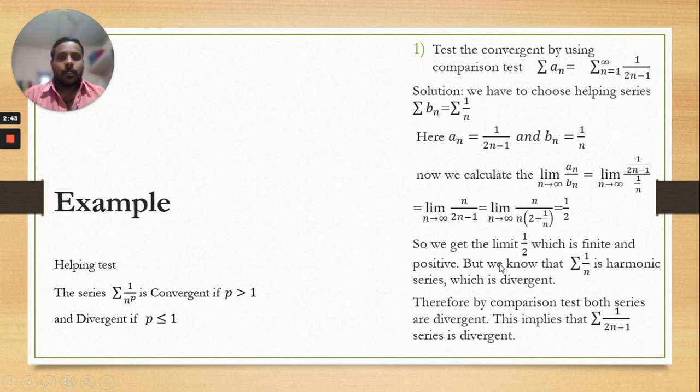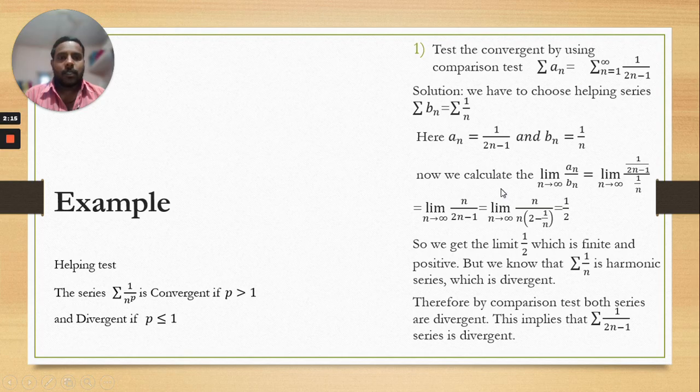But we know that by the helping test, summation 1 over n is divergent because the value of p is 1. We also know that this series is the harmonic series. Hence, if this series is divergent, then the given series is also divergent. Hence, by the comparison test, the given series is divergent.